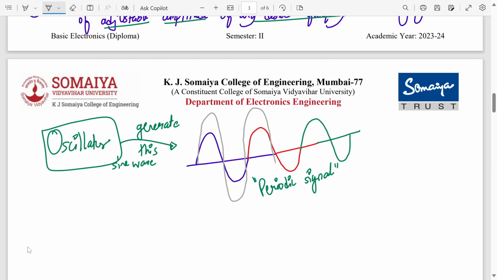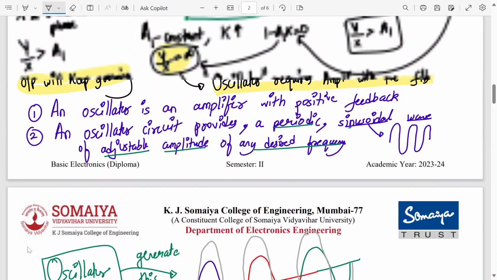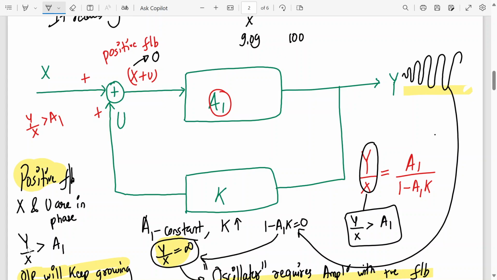So this is with a higher amplitude. This is how you keep a check on the oscillator. So you can have an adjustable amplitude and any desired frequency. You set the frequency, and you get an oscillator of that particular frequency. This is the definition of an oscillator. Is this understood? Yes, no? Quickly tell me.